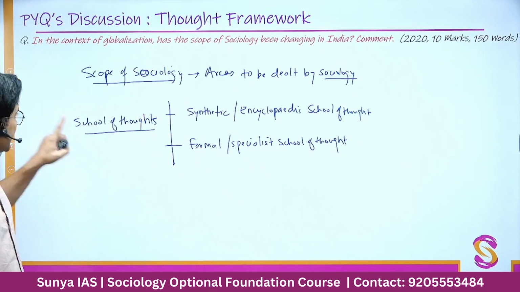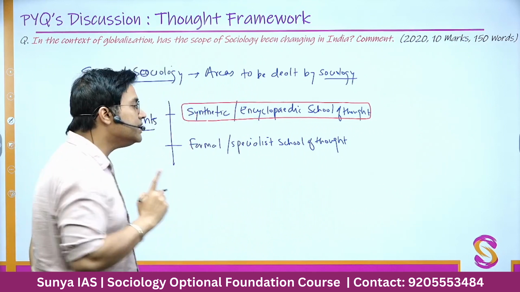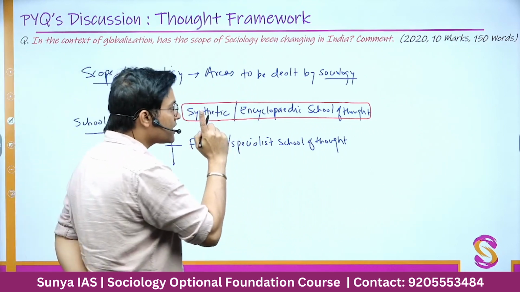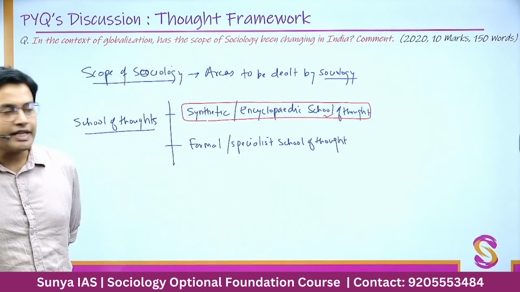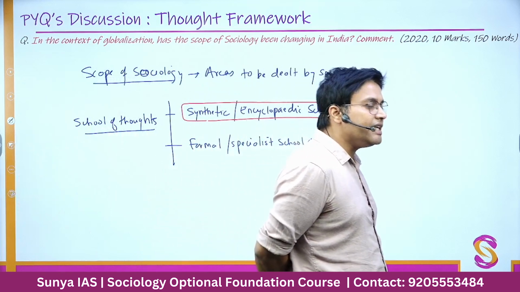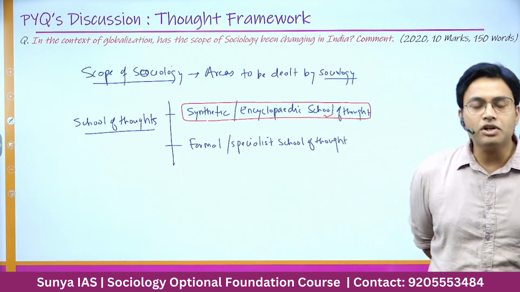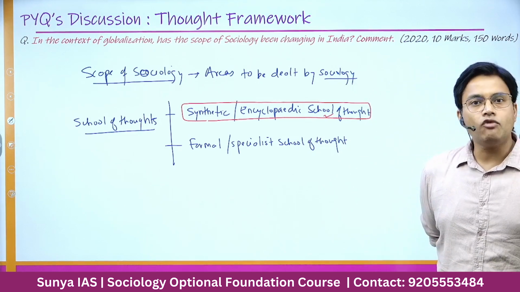So see, the synthetic school of thought was the idea propounded by the earlier sociologists. You can associate the names here with Saint-Simon, Auguste Comte, and Emile Durkheim, and they propounded the idea that all the domains that have been dealt with by particular sciences come under the purview of sociology.